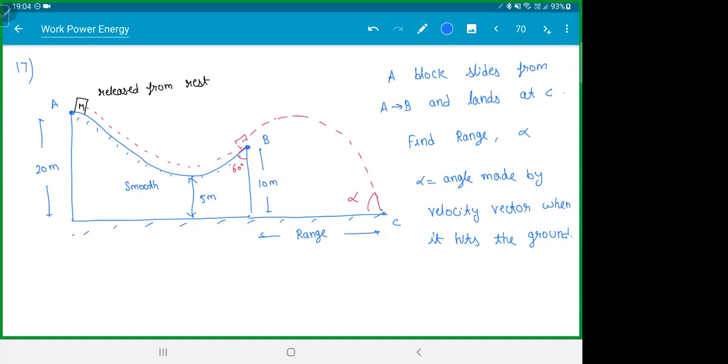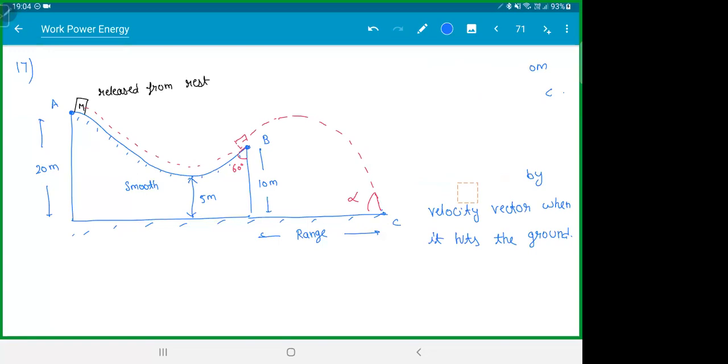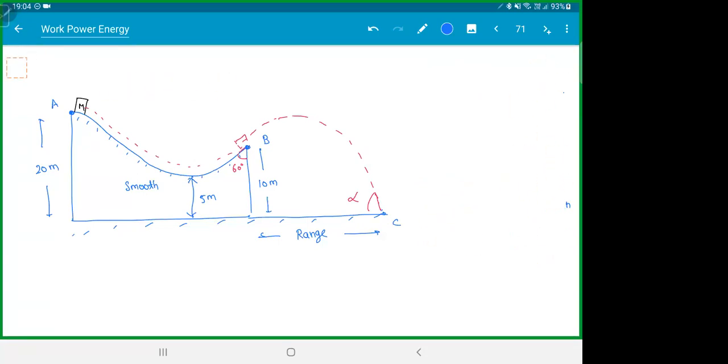Like I said, how to define your steps. Step 1, choose your initial and final state. In this case, it is pretty easy to see. This is state 1, this is state 2. Step 2, define your reference line.